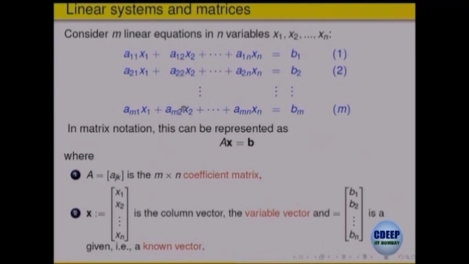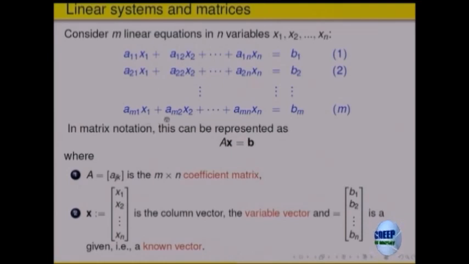We saw yesterday in the previous lectures that this system of m linear equations in n variables can be written in terms of matrices. If you take a11, a12, a1n as the first row, a21, a2n and so on as the second row, and call that matrix A, then A is (a_jk), the m cross n coefficient matrix.